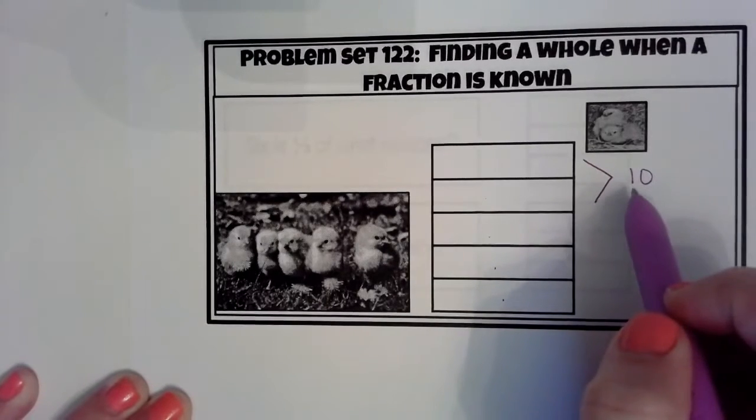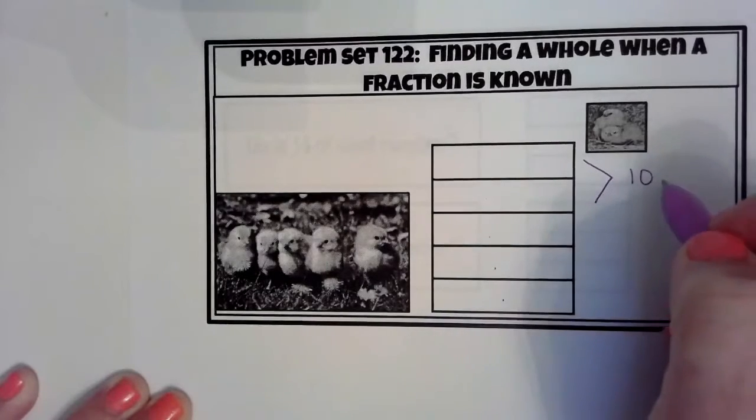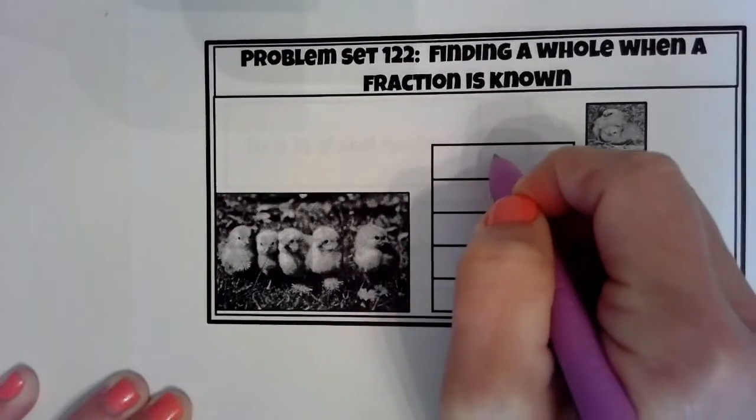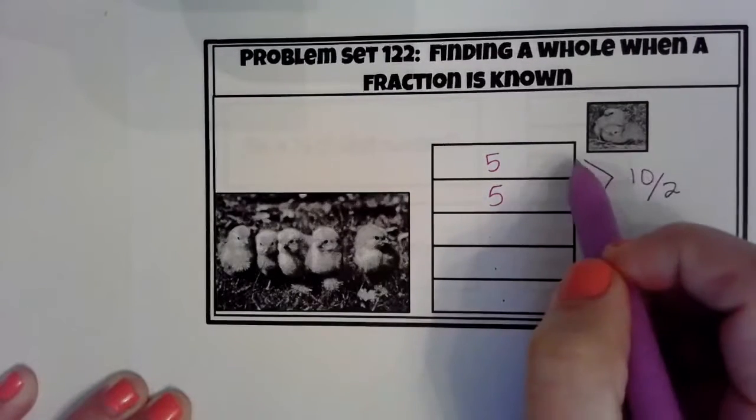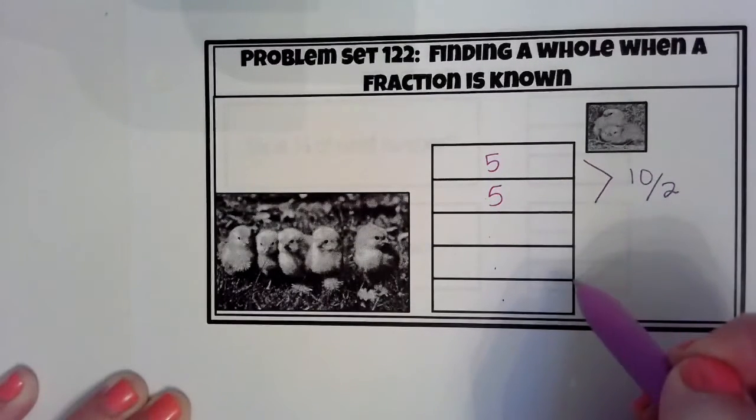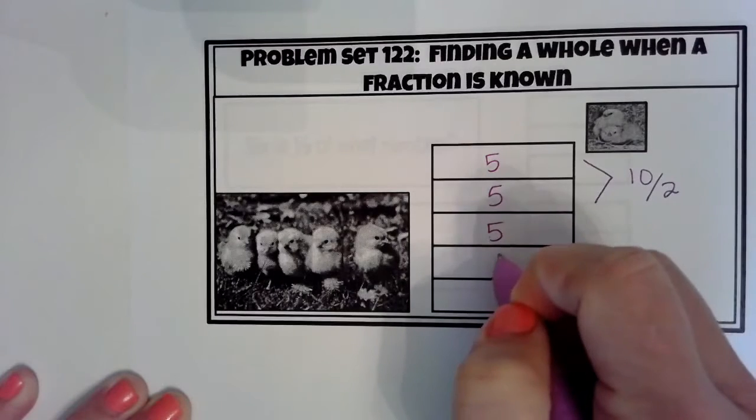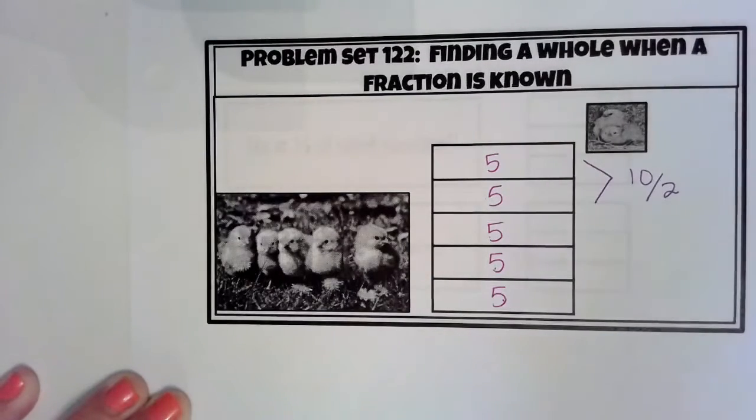Right. So 10 divided by 2 is 5. Let's just double check. Do 2 of the parts equal 10? Yes, they do. So we keep going. So there's 5 in each part. 2/5 equal 10.